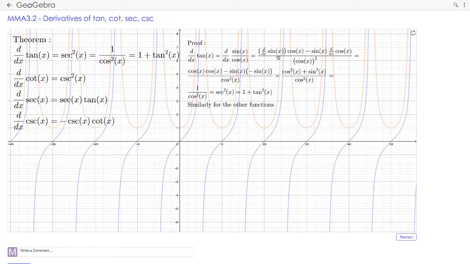Now from a bit ago we learned that the derivative of sine was cosine and that the derivative of cosine was minus sine. So we have now cosine of x minus sine of x times minus sine of x over cosine squared of x. Now these two minuses cancel, so we can rewrite this as cosine squared of x plus sine squared of x over cosine squared of x.